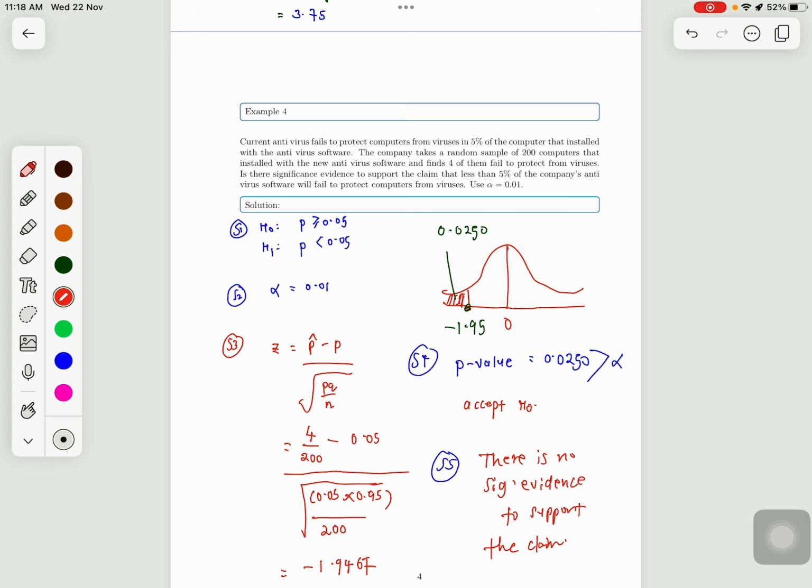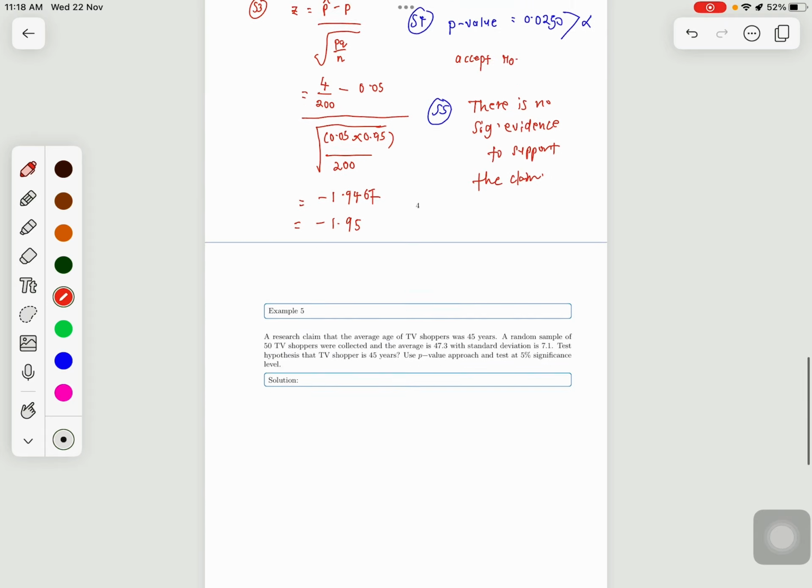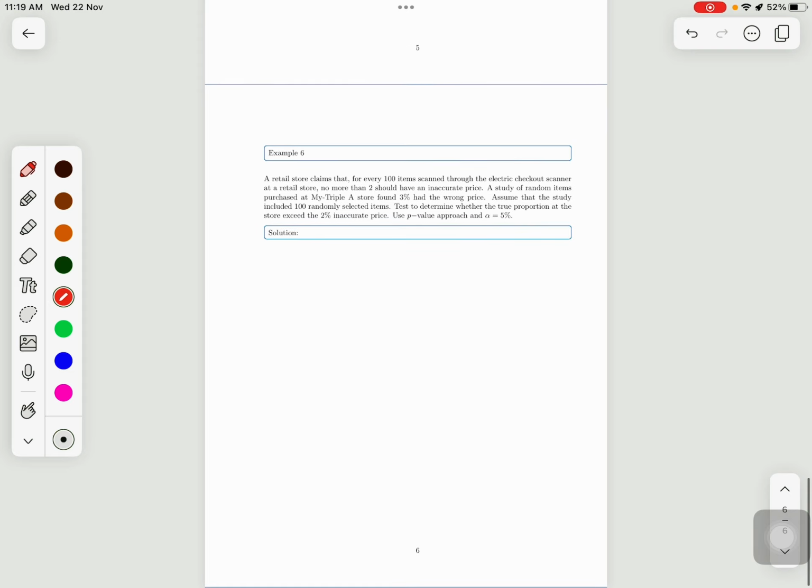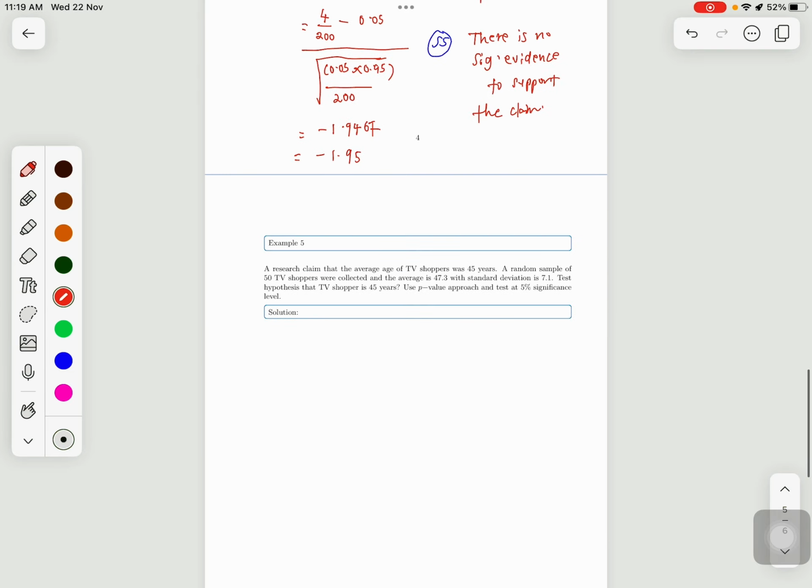Okay, I think that's all for the p-value approach. You can try example 5 and example 6 after this as your homework. So we finish the hypothesis test for one population.